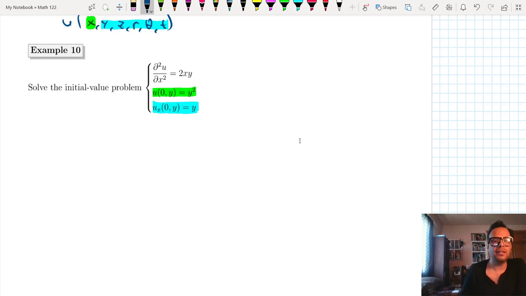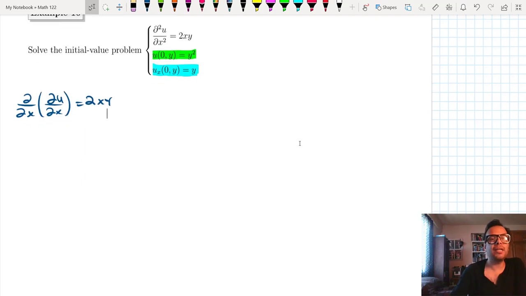So first, let's change the notation to d dx times du dx equals 2xy. Okay, so let's separate the variables in this case, by multiplying both sides by dx, which is this dx right here.